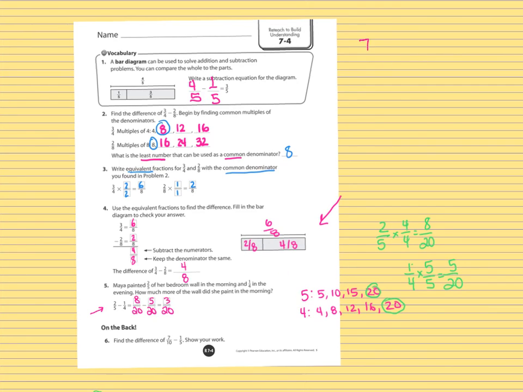I'm bringing the problem up here, 7/10 minus 1/5. And I know looking at it that 10 is a multiple of 5. And so I'm going to do this a little faster. I know that 5 times 2 equals 10, so I'm going to change it into 2/10.